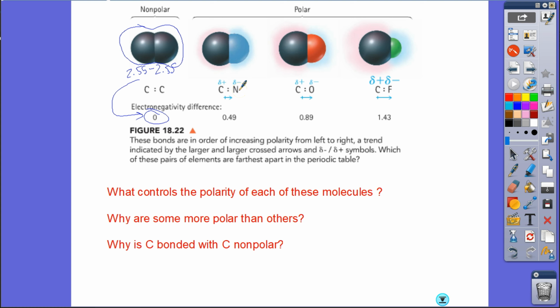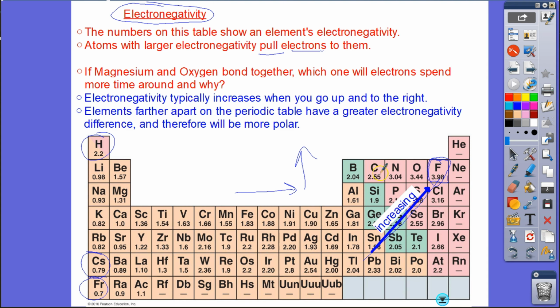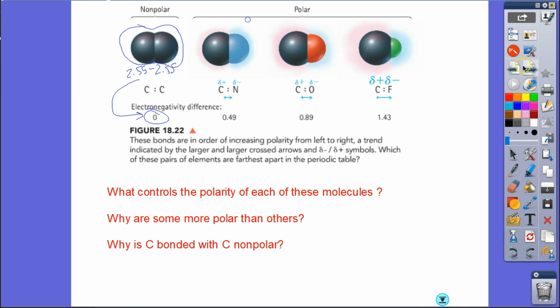Carbon and nitrogen, they're not too far apart from each other. If you look at the table, they're right next to each other, but there is a difference. 3.04 minus 2.55, that's where they got 0.49 from. So it's not huge, but there is a slight difference.